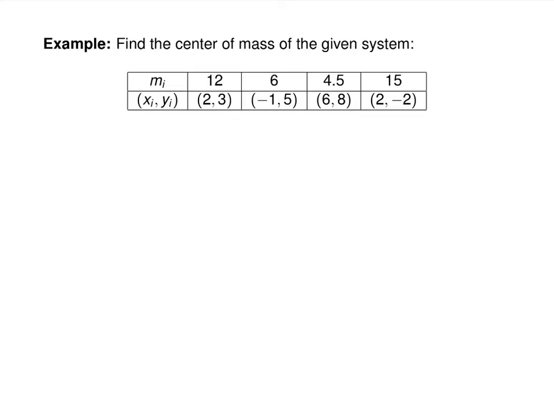All right, so let's apply that to find the center of mass of this given system. So x bar will equal My over M, or a sum of mi xi over all the masses added together. So let's compute M, the sum of all the masses: 12 plus 6 plus 4.5 plus 15, or 37.5.